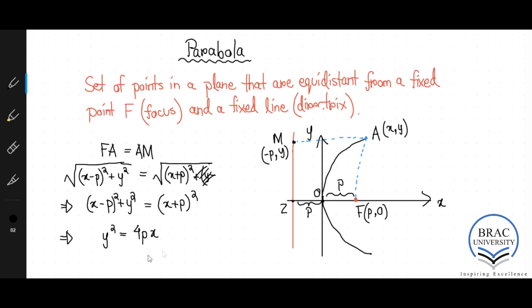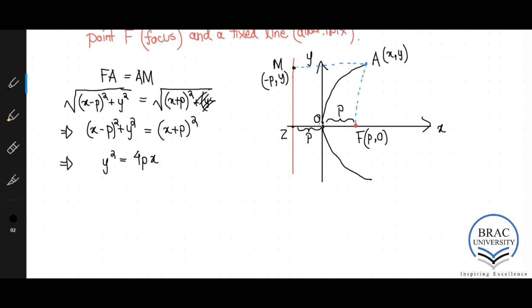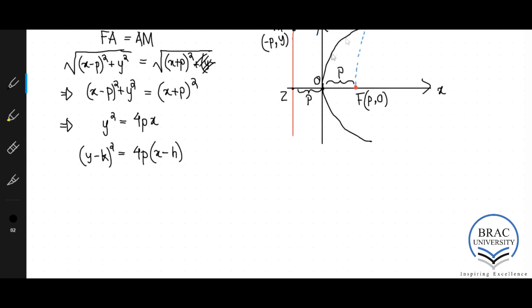Now, if you remember from the last video, this was the standard form of a parabola centered at the origin. Now we can definitely have the parabola shifted, and in that case, if the y coordinate is k and the x coordinate is h, we would have an equation that looks like this. And that is again another standard form. It's the same thing.